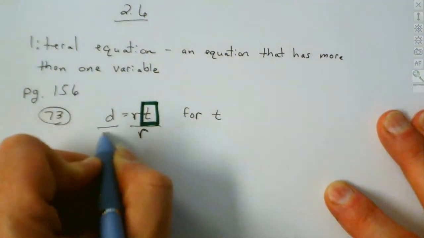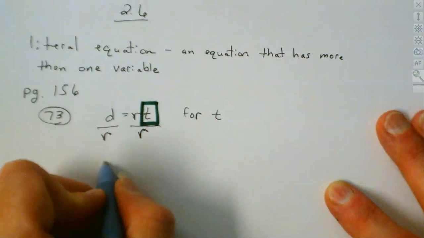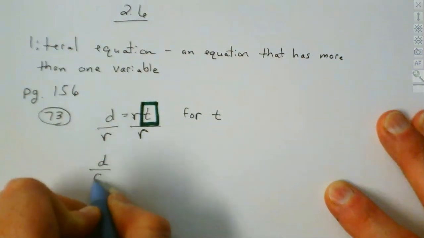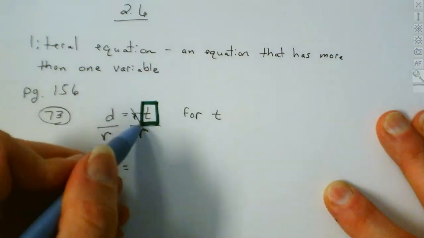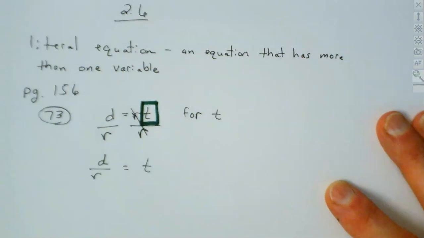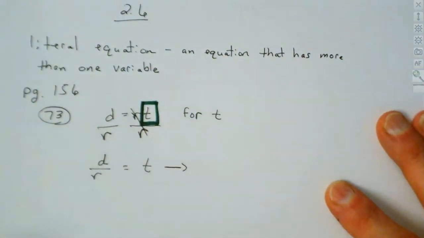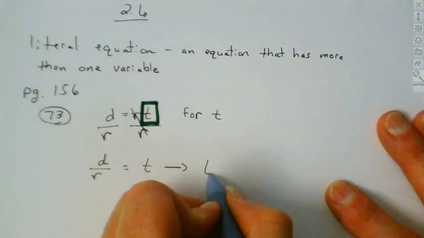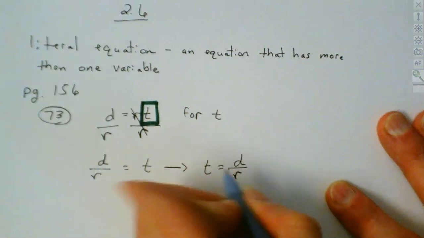So what would happen if we divided both sides by r? It's going to work in terms of opposites. I'm going to divide both sides by r. If I do that, what does that leave you with? D over r, right? And what happens with these r's? One's on the top, one's on the bottom, and that equals t. Now, I usually like to write my variable I'm solving for on the left, so I'm just going to put the t on the left and the d over r on the right.